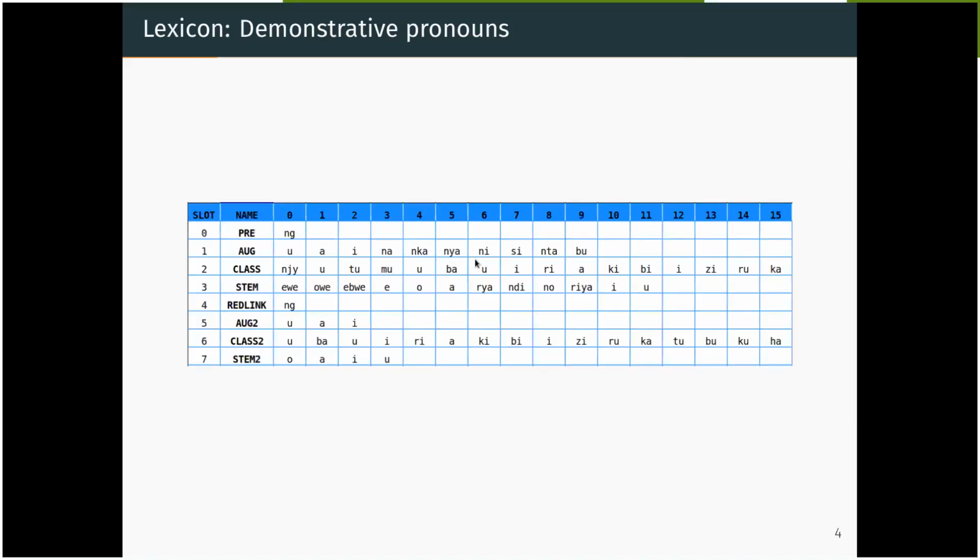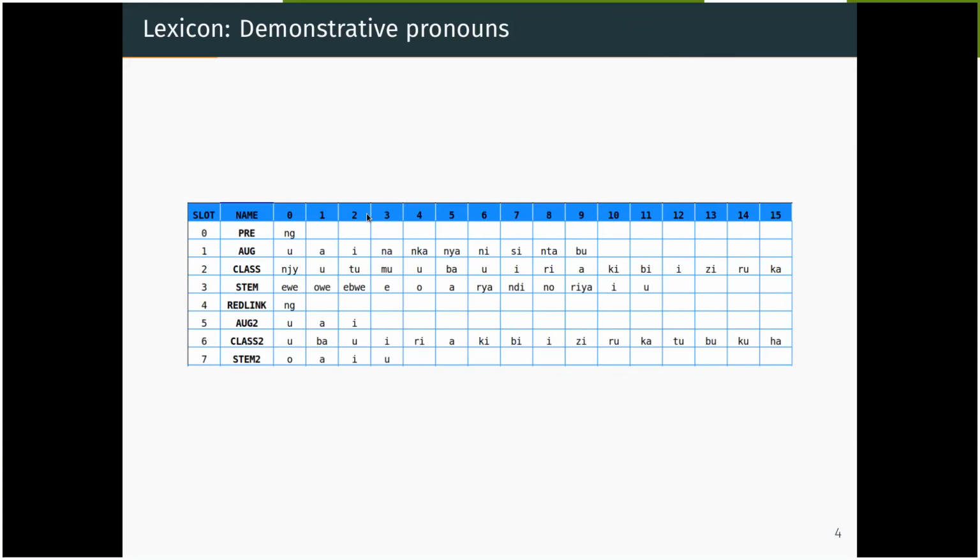Okay, next, now the lexicon. Here I'm not talking about theory, I'm talking about the data that we have in the morphological analyzer.